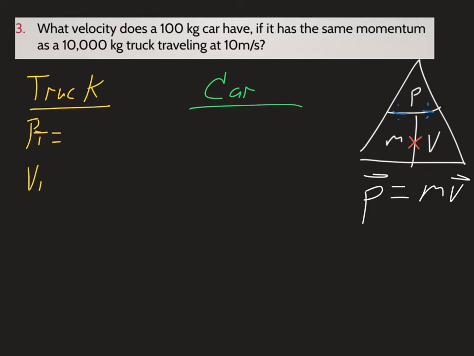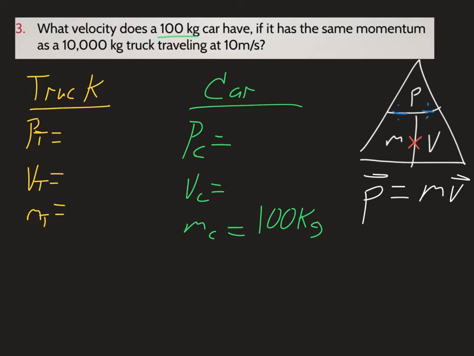My velocity for the truck has a subscript T, and my mass for the truck has a subscript T. My car, on the other hand, I'm going to make a subscript for c, so I can identify that it is the car's momentum, and the car's velocity, and then also the car's mass. Now that subscript identifies what we have information for, and we can go back and find this in there. We know the car has 100 kilogram, so that's a mass.